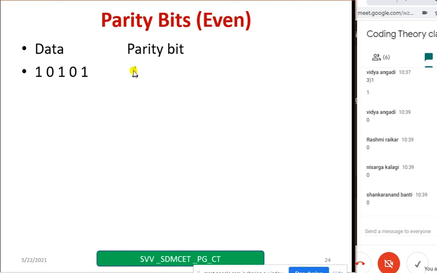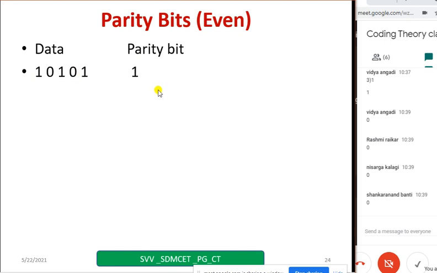Now parity bit, I am adding even parity because the number of ones becomes even. 1, 2, 3, 4. Instead of only adding a single parity, I can go for more than 1 parity. All are even parity only, but instead of taking all bits, I'll choose particular bits. For example, I will take the first bit belonging to 1, 3rd, 4th.